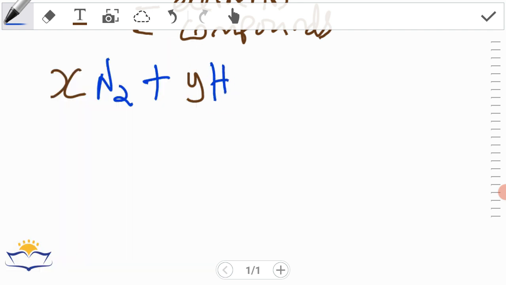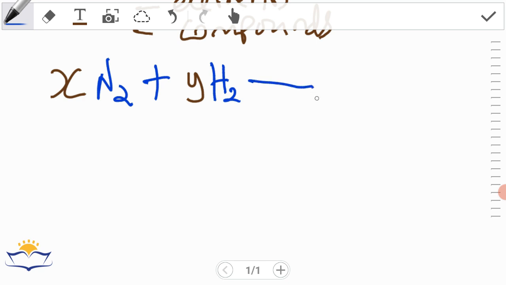The hydrogen coefficient, you call it y. So we understand the nitrogen has a coefficient. We don't know it. It might be 5, it might be 6, it can be 7, 8, 20. So for that reason, we go with x. Hydrogen, same thing. The coefficient could be 20, 50, 3, 2, so we go with y.